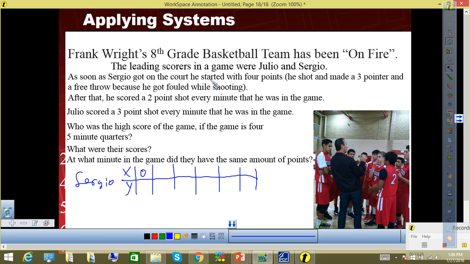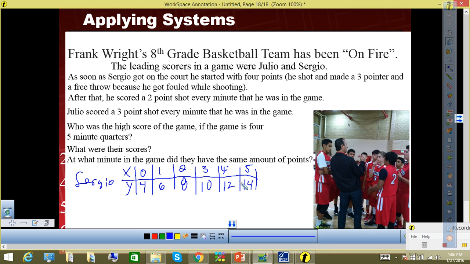Sergio got on the court and he started with 4 points. So therefore, at 0, he has what? Because this is not in seconds, it's in minutes. A whole minute had not elapsed, but he already has 4 points, right? So after 1 minute, where is he at? 6. After 2 minutes? 3 minutes? 4 minutes, that's 12, and 5 minutes is 14, okay?